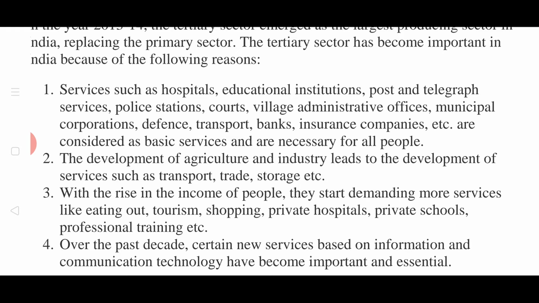Naturally, we need education, that may be primary school, secondary, higher secondary, college or universities. We need health also, that may be a primary health center, or maybe the three-tier system we have. Primary health center, then a bigger one in the cities, and then specialized institutions like AIIMS and PGI. Then courts, defense, police to maintain law and order, administration, and all these.